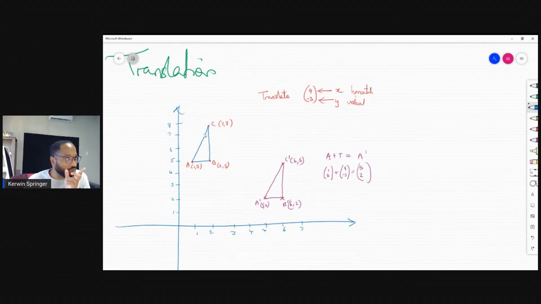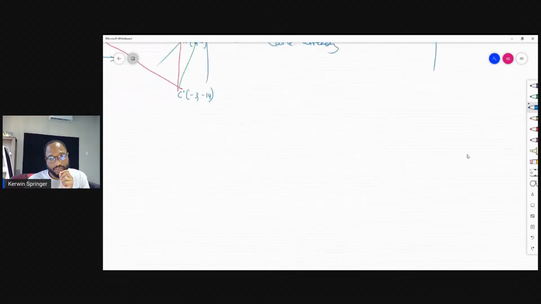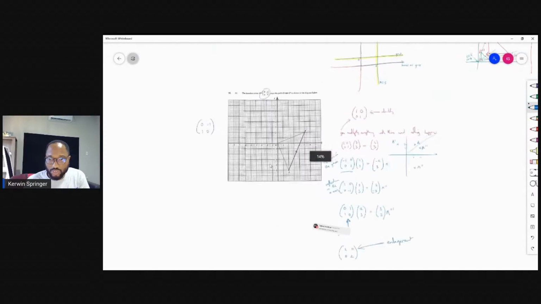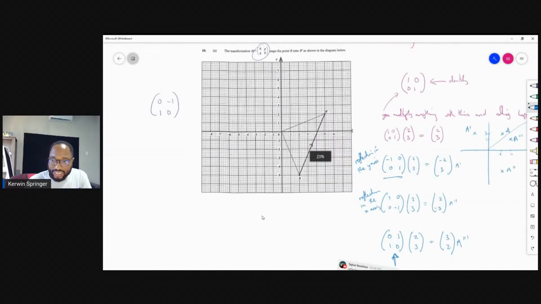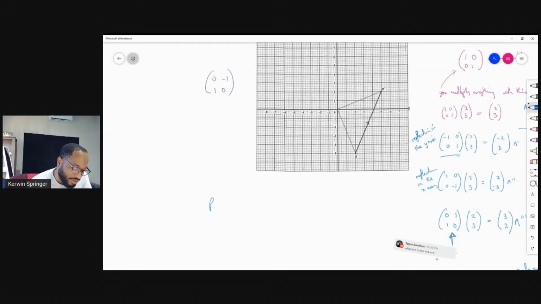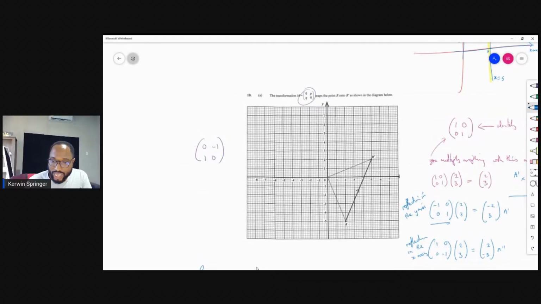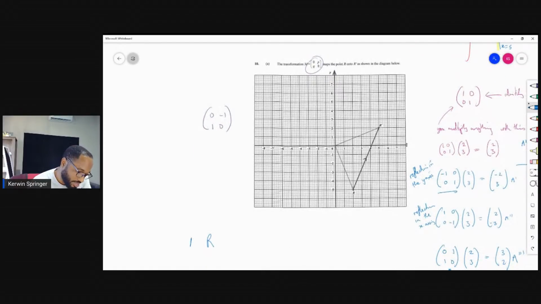When you're using transformation matrices, you multiply. In this case, R is being multiplied by the transformation matrix M to get the new point.